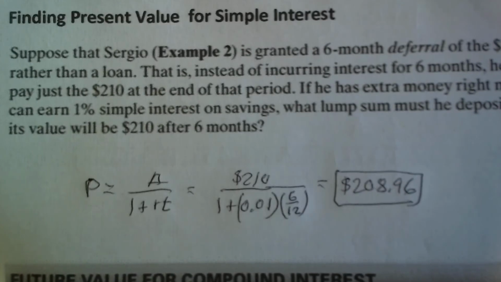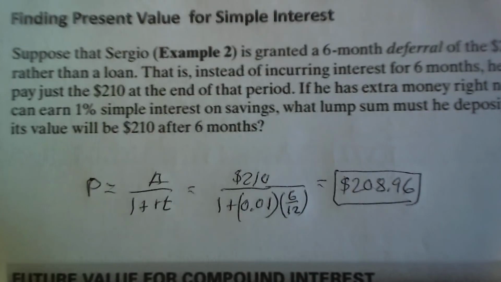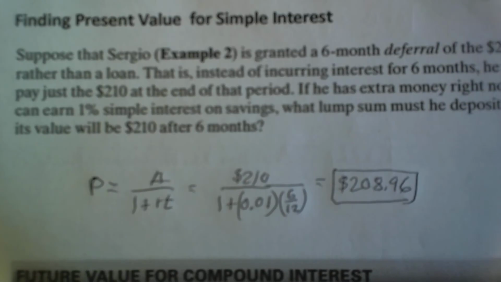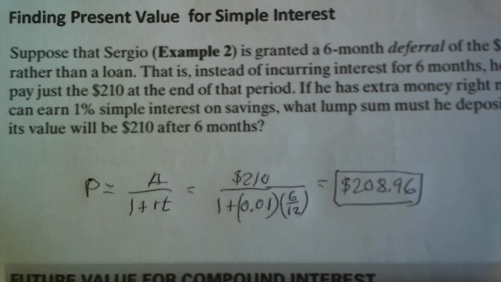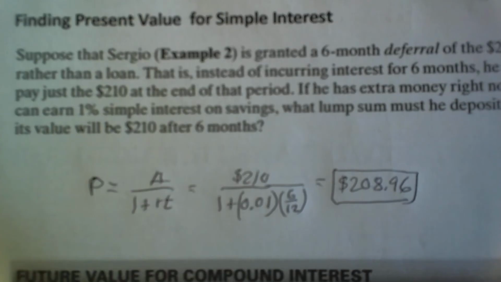If P dollars are deposited at an annual interest rate of R, compounded n times per year, and the money is left on deposit for T number of years, then the future value A, the final amount on deposit, is calculated as follows: A equals P times (1 plus R divided by n), with the parentheses raised to the power n times T. So to find this future value, we need to know what P is, what R is, what n is, and what T is. And that's why you want to write these numbers down specifically when you're doing these kinds of calculations.